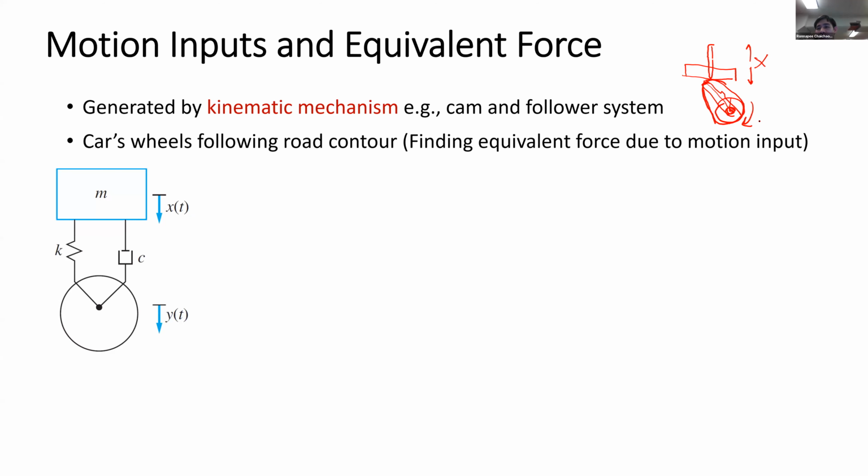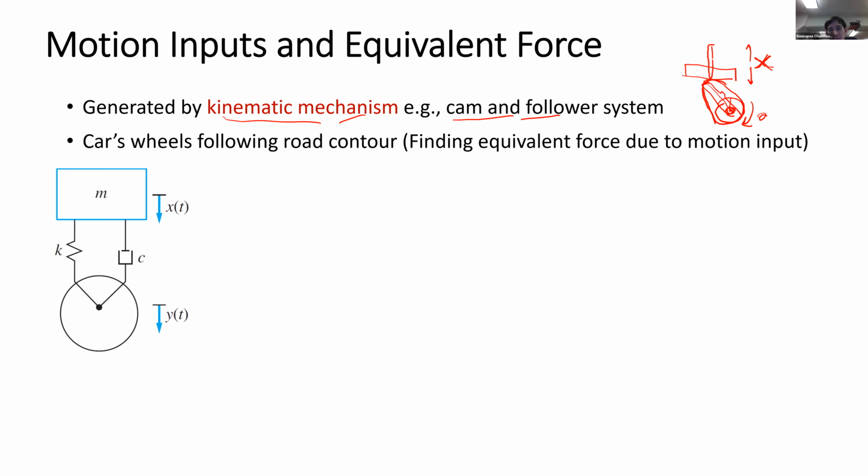So we have theta of the cam that rotates, and x as a linear motion. By the kinematic mechanism of the cam and follower system, it can create the motion input to the follower by the cam.